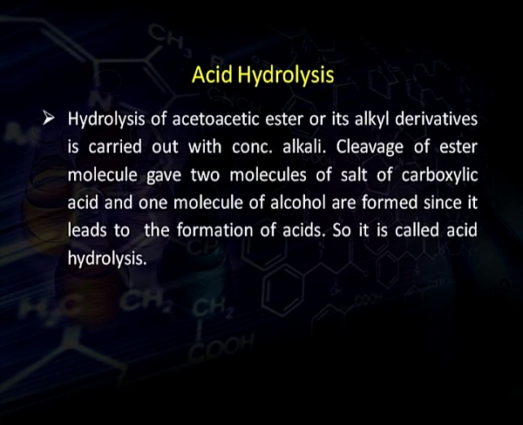Acid hydrolysis. Hydrolysis of acetoacetic ester or its alkyl derivatives is carried out with concentrated alkali. Cleavage of the ester molecule gives two molecules of the salt of a carboxylic acid and one molecule of alcohol.